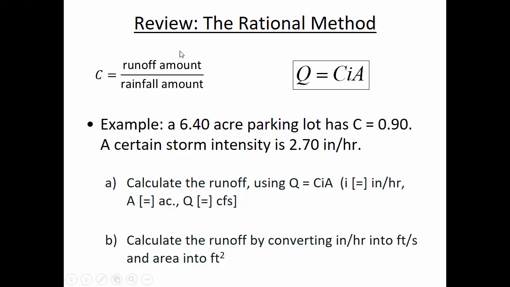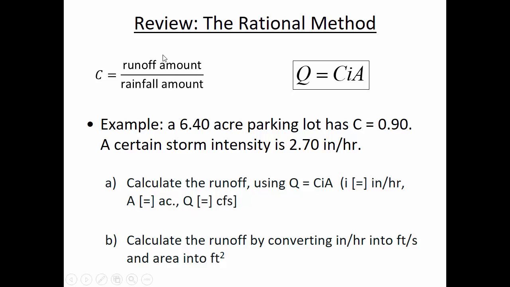So, Q equals CIA. What is the C value? It's a ratio, but it's not the ratio of infiltration to rainfall amount, and it's not the ratio of infiltration to runoff. It's the ratio of the runoff amount to the rainfall amount. So the stuff that's coming out of the sky, what fraction of that is going to be flowing over the surface?